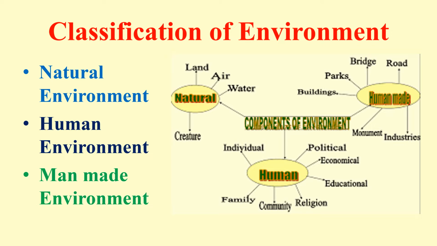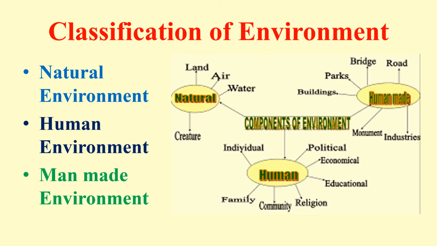And the third one is man-made environment. It has been created by man himself for the purpose of fulfilling his needs and to make his life more convenient and easy. For example, the man built buildings, made transport facilities, and implemented industries, monuments, and so on.